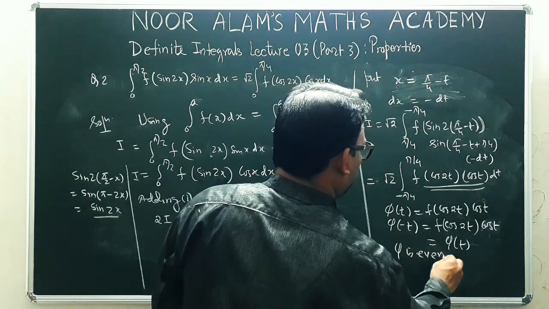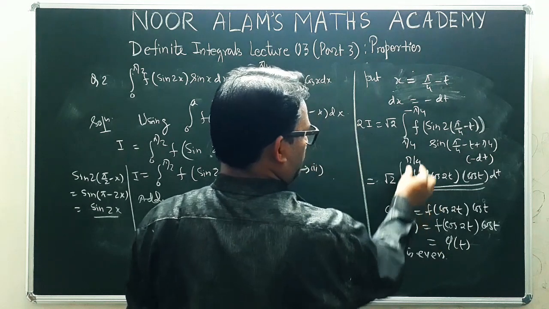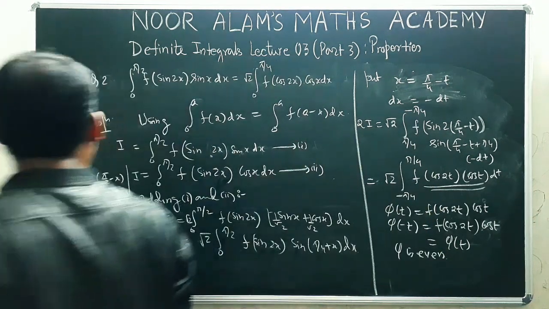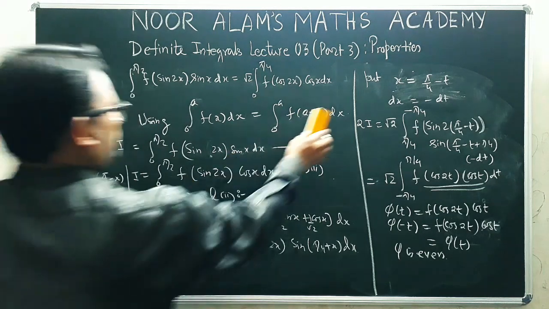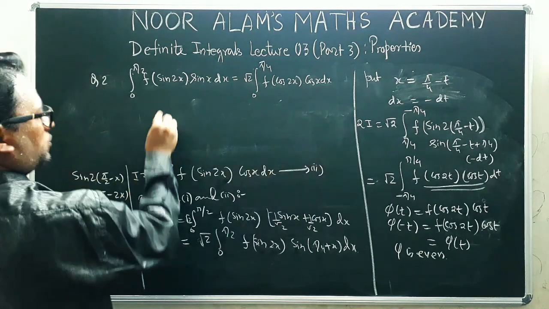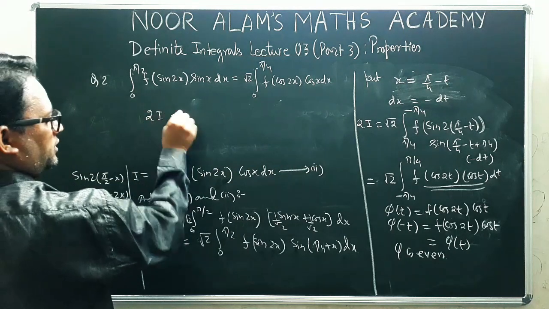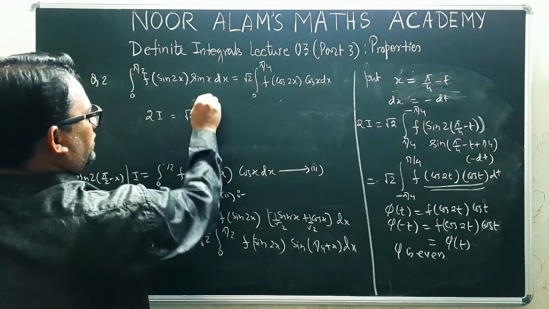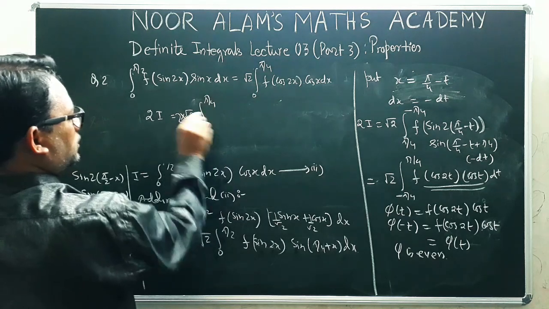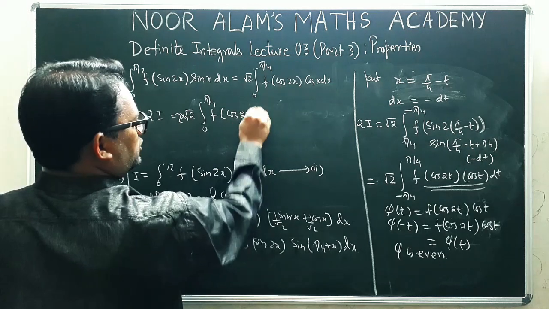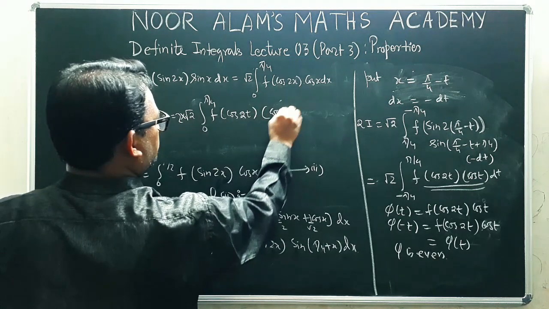As a result, what will happen? We can write the integral from minus pi by 4 to plus pi by 4 as 2 times the integral from 0 to pi by 4. So now after this step I am writing here. Therefore we have 2I value equal to root 2 times integral from 0 to pi by 4, multiplied with 2, and then f of cos of 2t, because the function is an even function, cos of t dt.